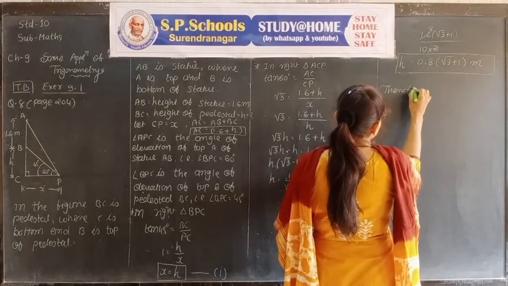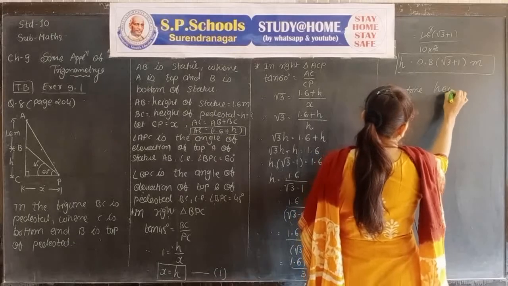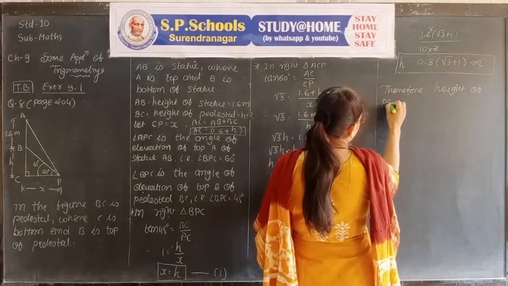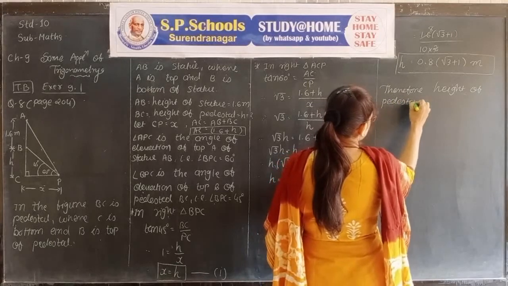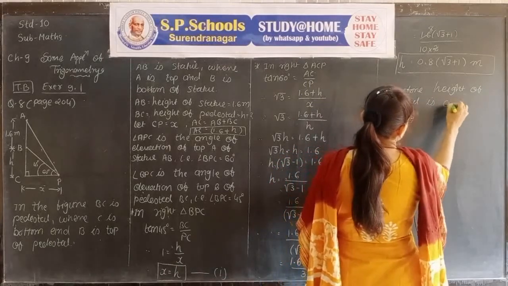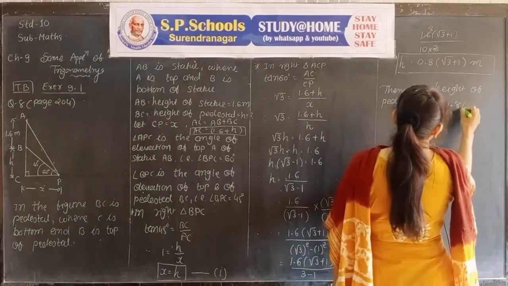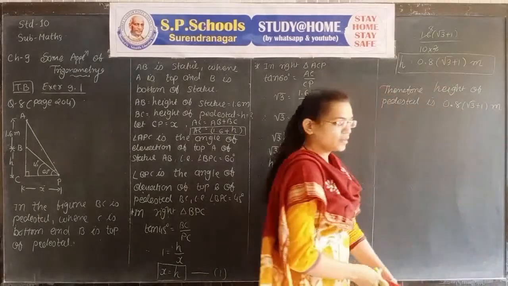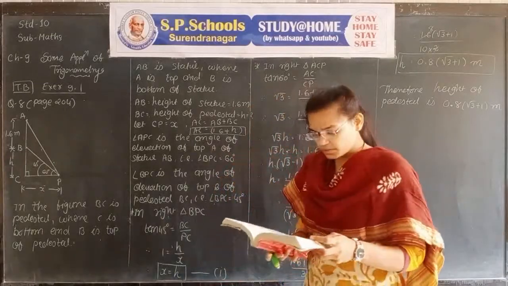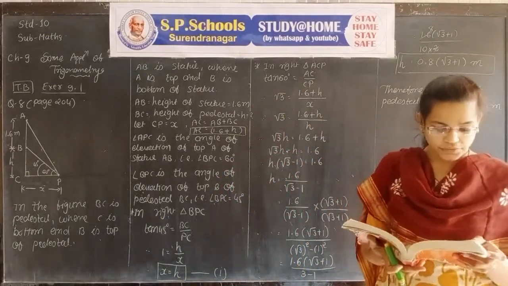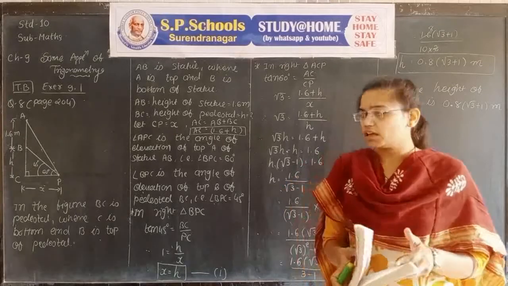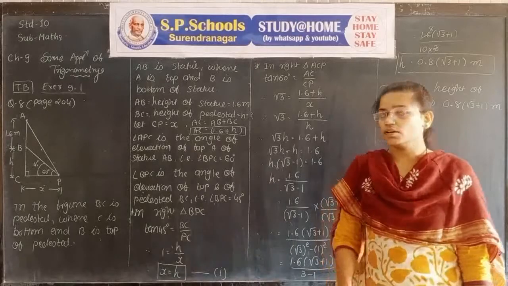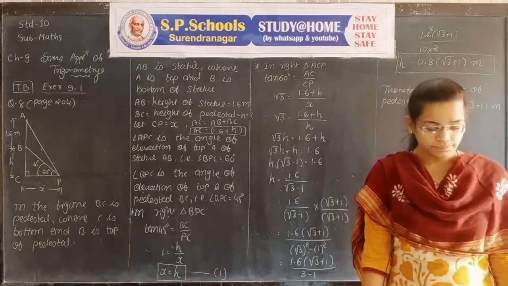Therefore, the height of the pedestal is 0.8 into bracket root 3 plus 1 meter. Hence the 8th number is completed. In this session we completed question numbers 6, 7 and 8 from exercise 9.1. Whenever we meet in the next session we will discuss our new sum.